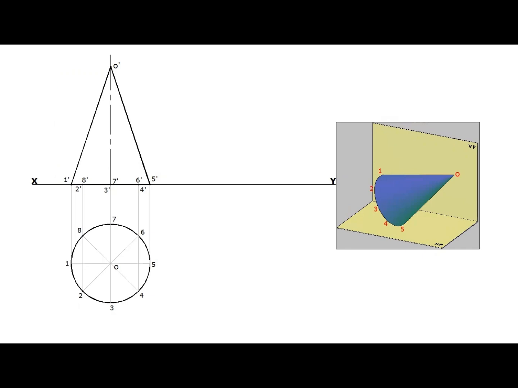Draw a 60 degrees line. Mark the base length 40 mm on this. Mark all the points of base on it.